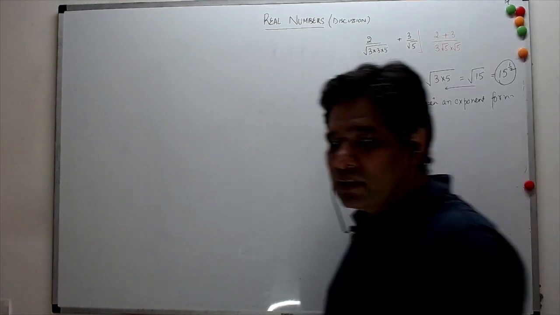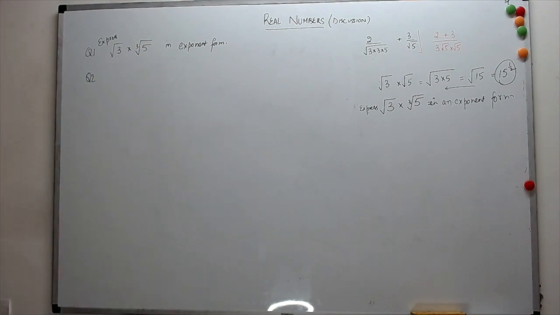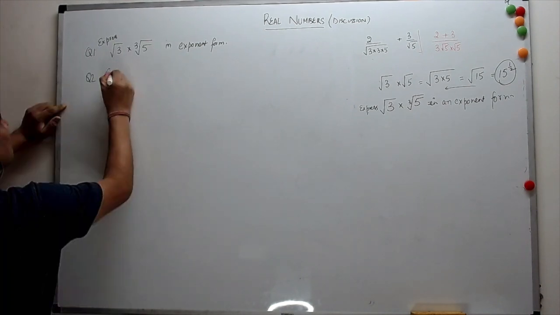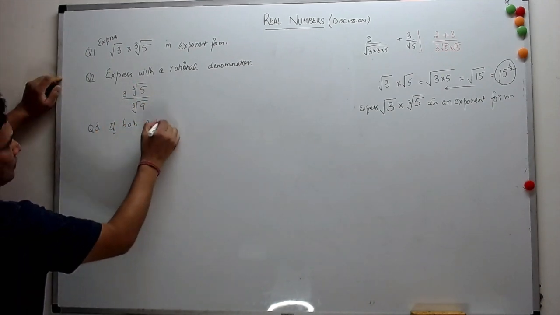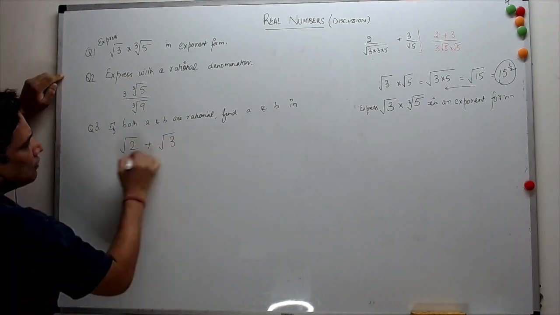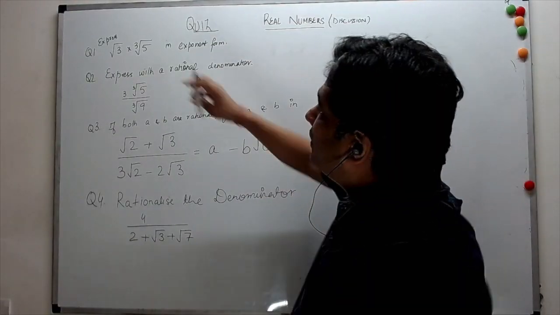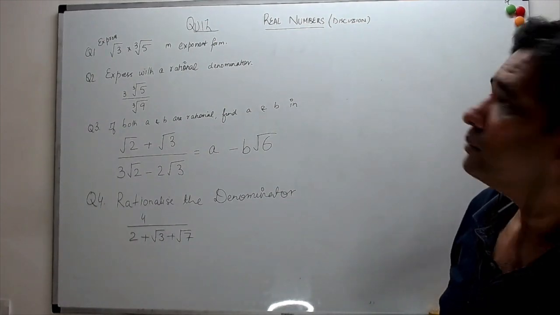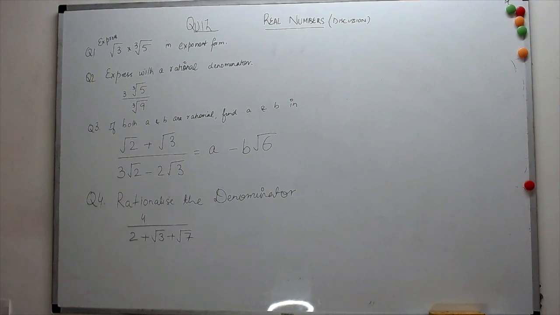So think anything, whatever you know. तो फर्स्ट क्वेश्चन, इसको एक्सपोनेंट फॉर्म में हमको एक्सप्रेस करना है. तो किसी ने कुछ ट्राई करा तो आप मुझे बताओ, नहीं तो let me share my thoughts.